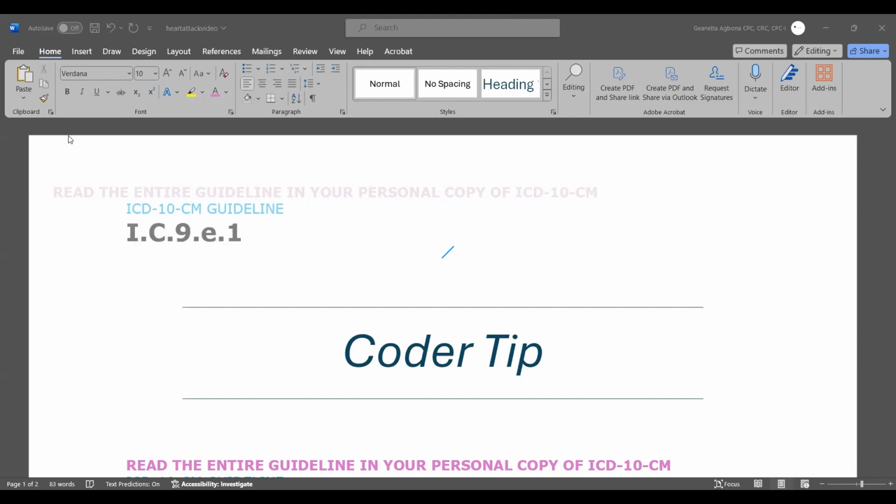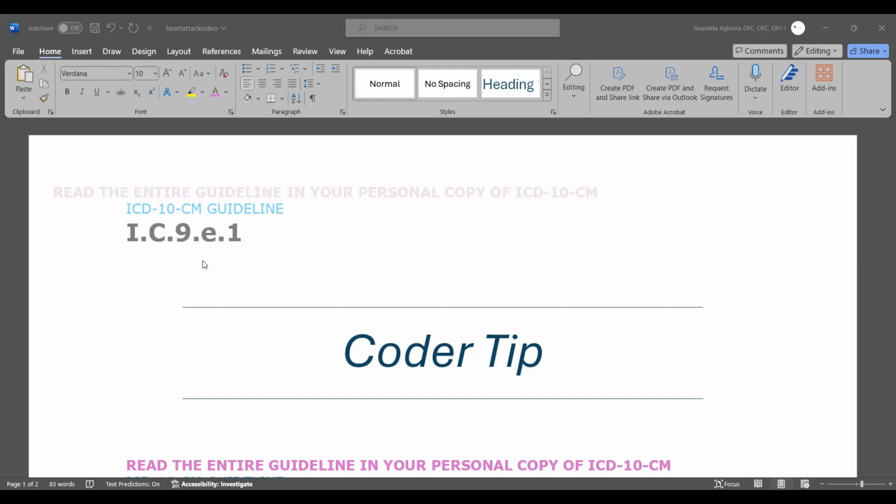So here in this document, I just want to remind you to read the entire guideline for coding STEMIs and NSTEMIs in your ICD-10 manual. This particular guideline is section 1C9E1. Again, section 1C9E1.